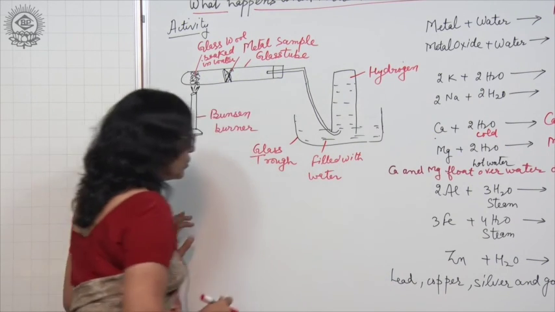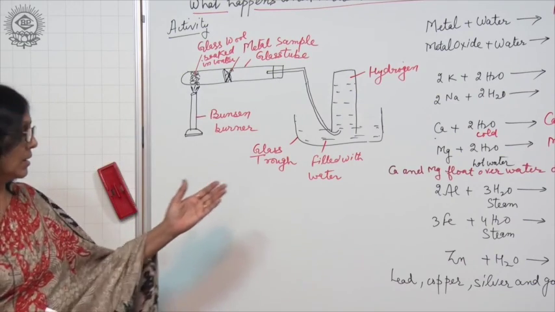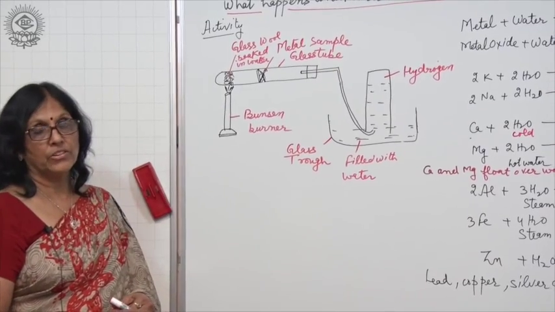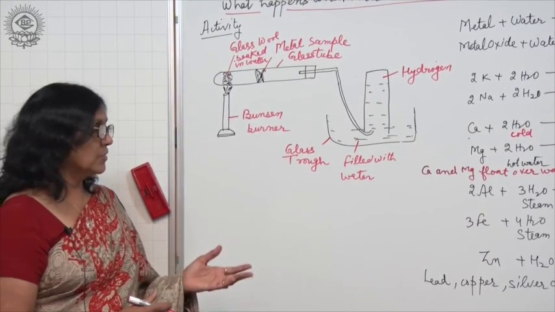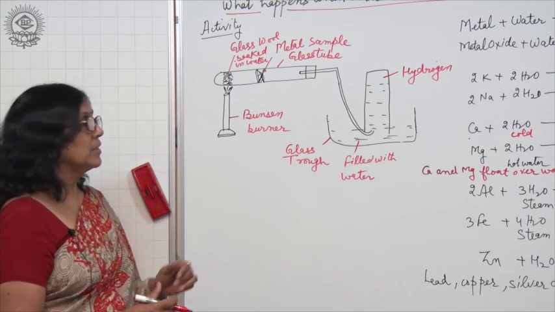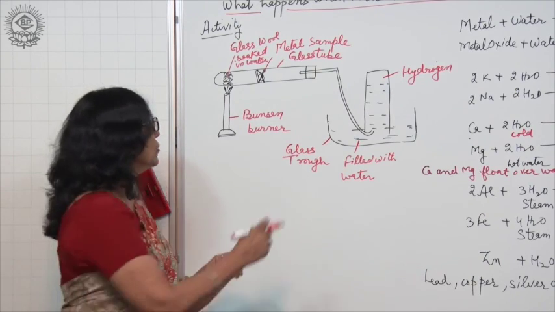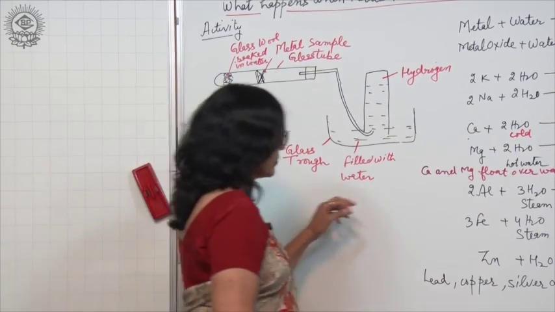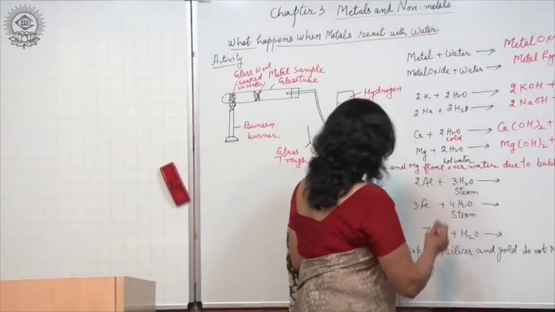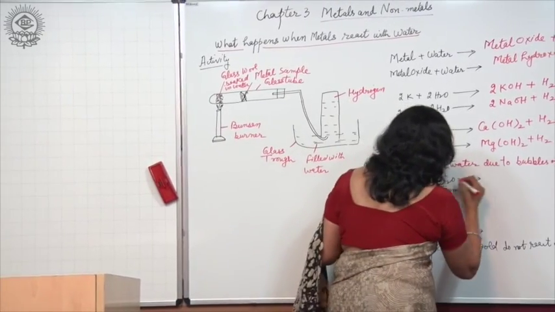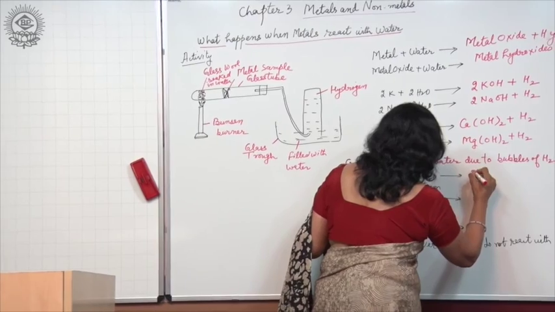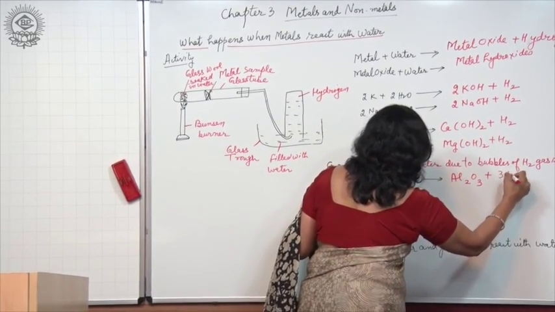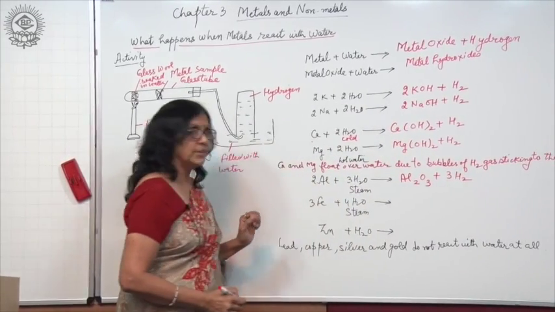Okay. So, the metals which react with the steam are aluminium, iron and zinc. So, let us write the balanced chemical equation and see what happens. In all these cases also, as you can see from the activity, hydrogen gas is liberated. So, here the metal sample can either be aluminium, iron or zinc. Aluminium reacts with steam and forms aluminium oxide and hydrogen gas is liberated.